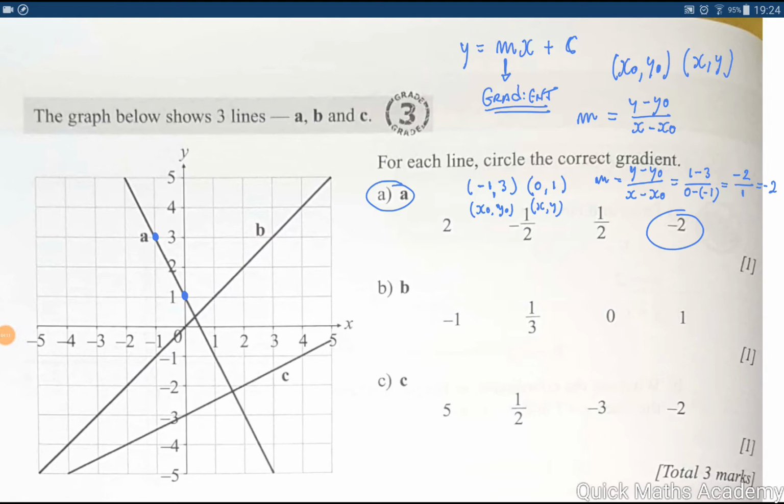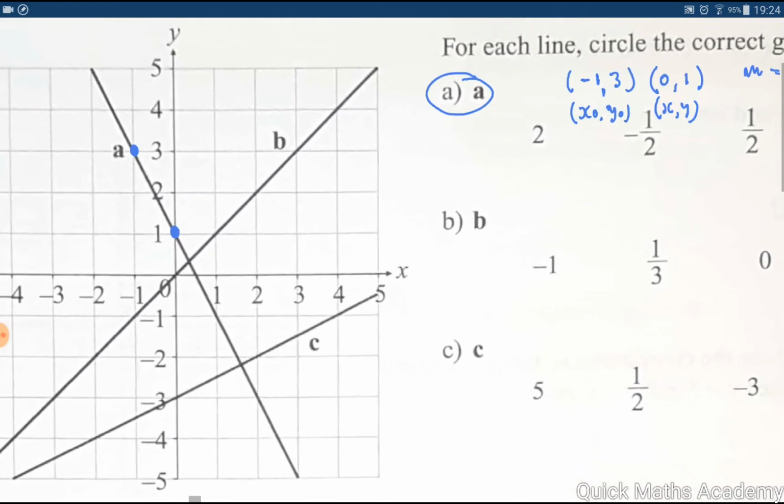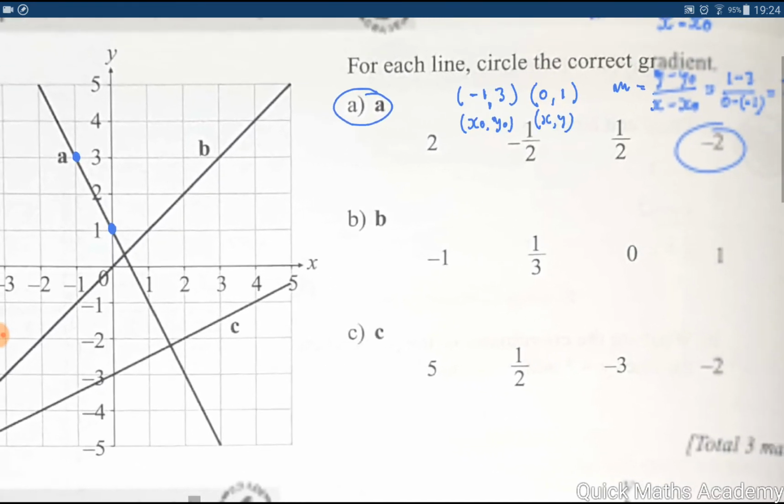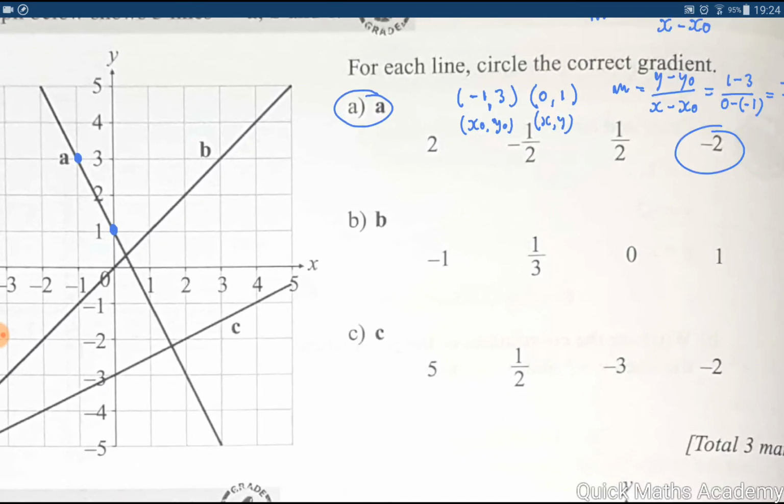Alright, let's see the B. The B is very obvious, the gradient is 1. But let's grab 2 points. Let's grab, for example, this point, which is 1, 1, and this point, which is 2, 2.